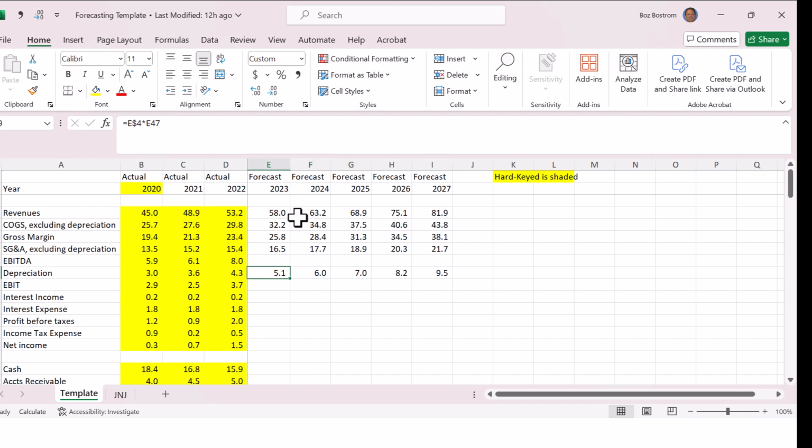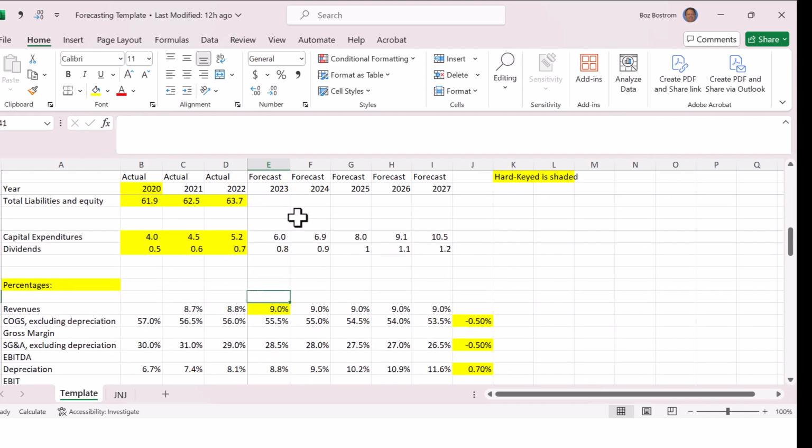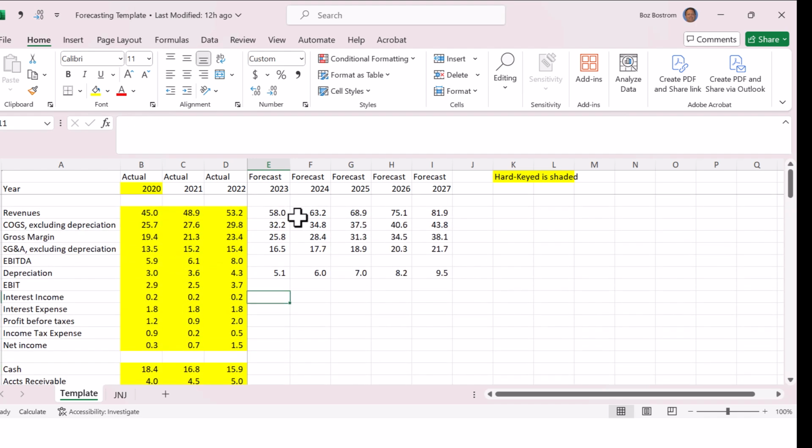Had I not locked down the 4 when I pasted this formula down, it would have got off of row 4 and got into row 6 as an example. So it's still taking that sales, but it's multiplying it by the new line, the line 47 that I'm looking at. Now, that's just a way of trying to work a little smart in Excel.